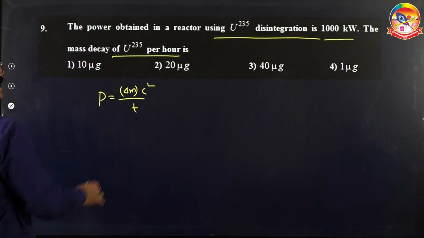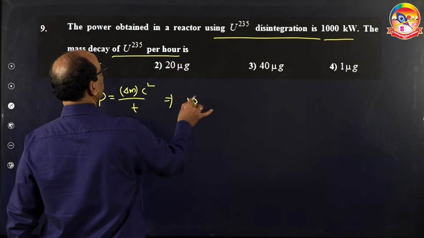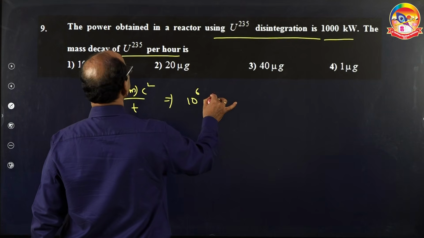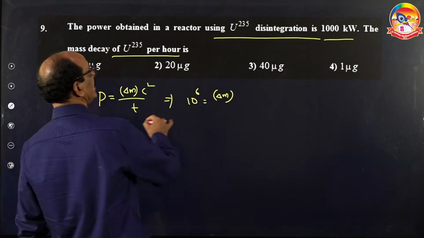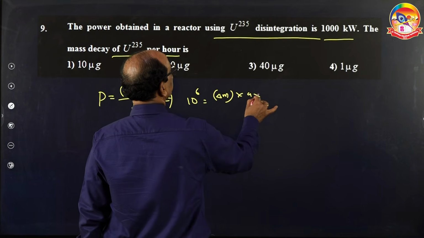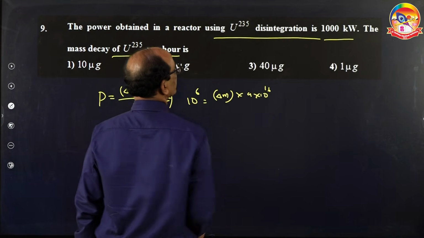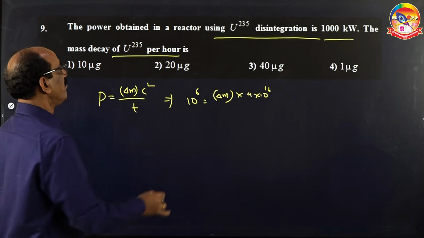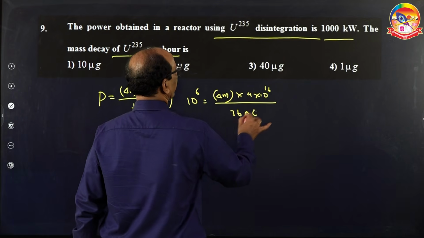So you can arrive at that: 10 power 6 is equal to the mass converted or annihilated times 9 into 10 power 3 into 10 power 18, whole square is 9 into 10 power 6 divided by 1 hour, which is 3600 seconds.